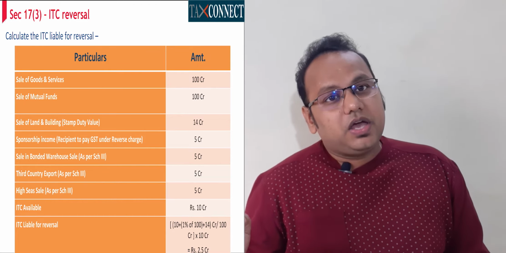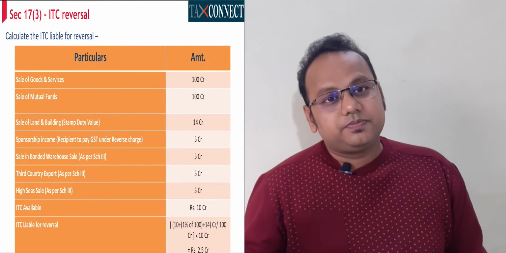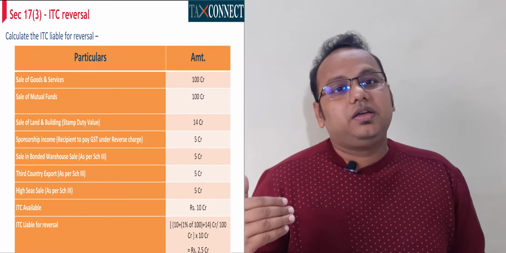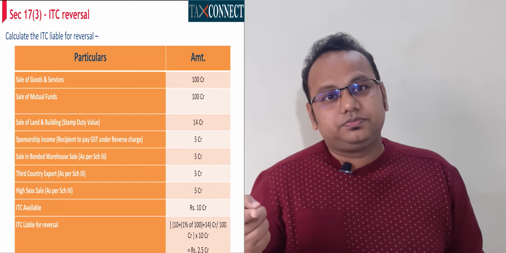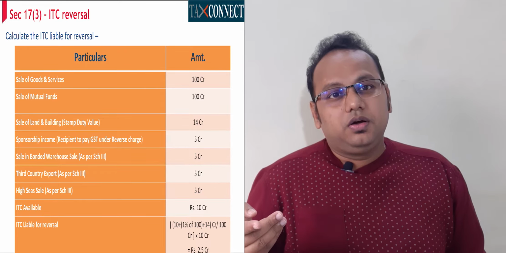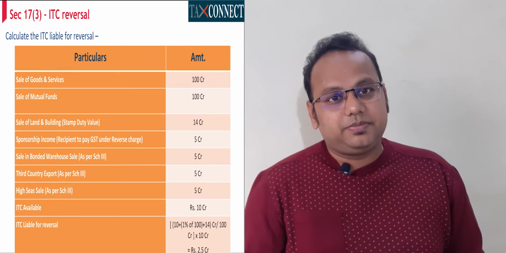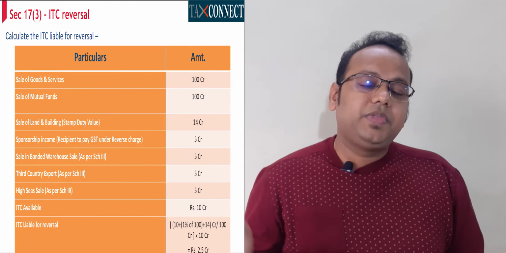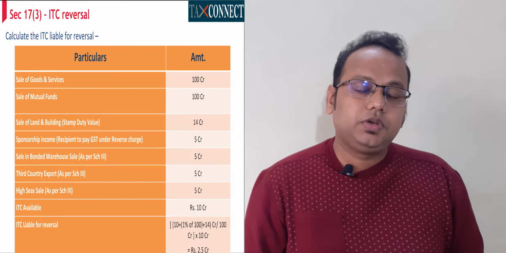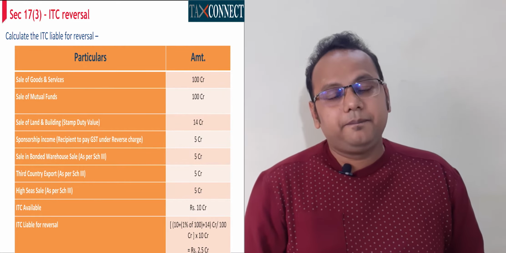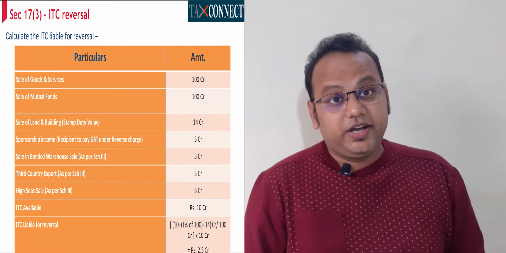However, high seas sale, third country exports, or sale during bonded warehouse would not be included in the value of the exempt supplies. The same has been explained by means of an example in the PPT which is embedded to this video.